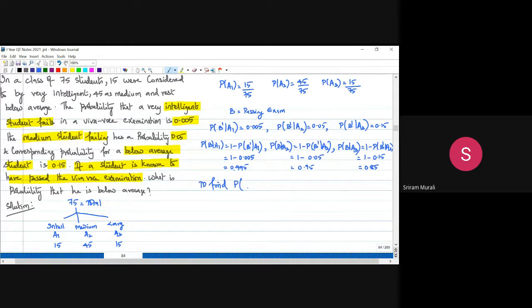Now what you have to find is the probability that he has passed the examination, that is B is given. If he is below average, A3 given B is the question. So if he is below average, what is the chance, given that he has passed the examination? So put in all the probabilities given. 15 by 75 into 0.95 plus, and so on.